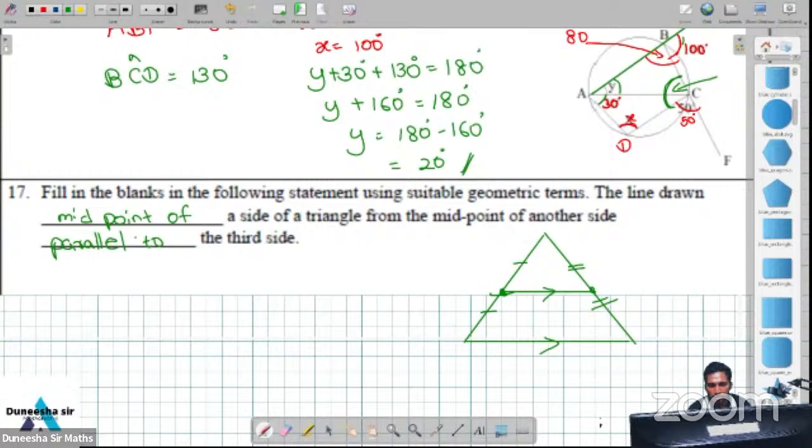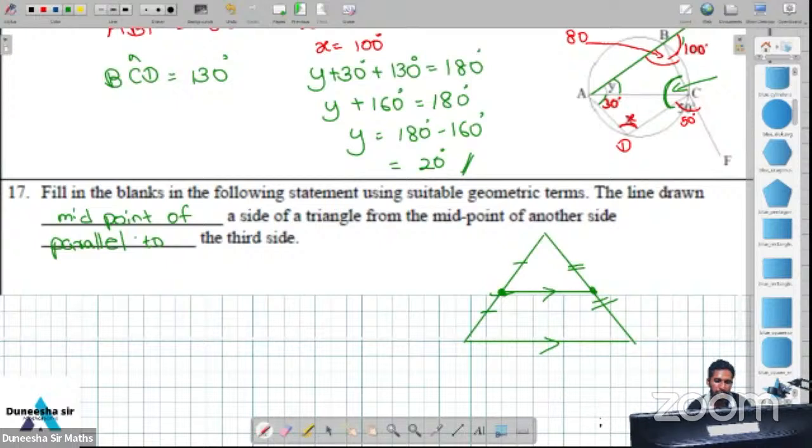Connecting the two midpoints, the connecting line is parallel to the third side. Okay, write down what this theorem is.